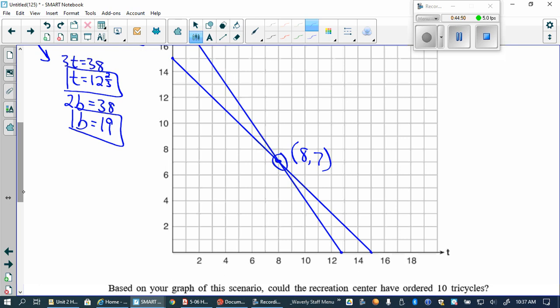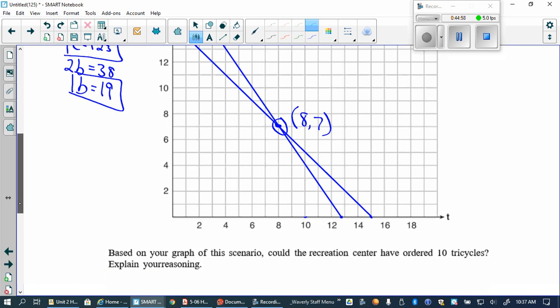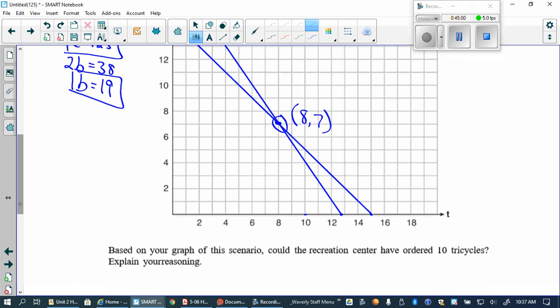The one on the bottom, right? So this would be 10 tricycles. Well, what would be the output for that in bicycles? 4 or 5.